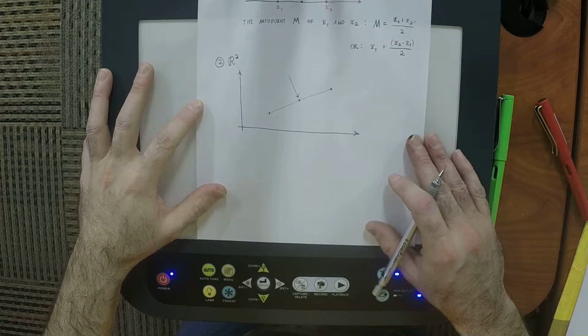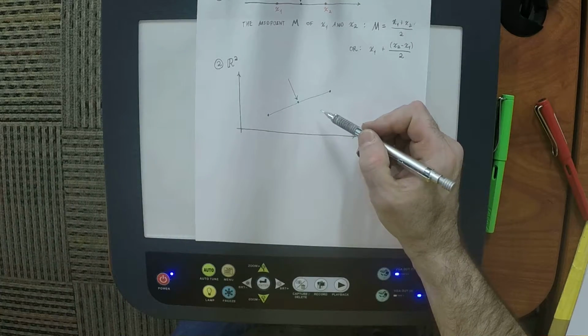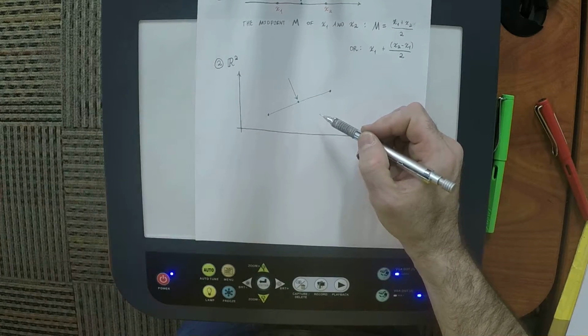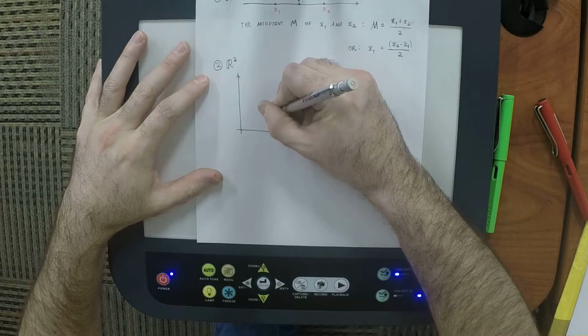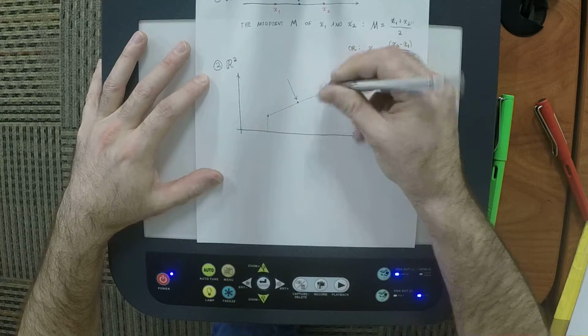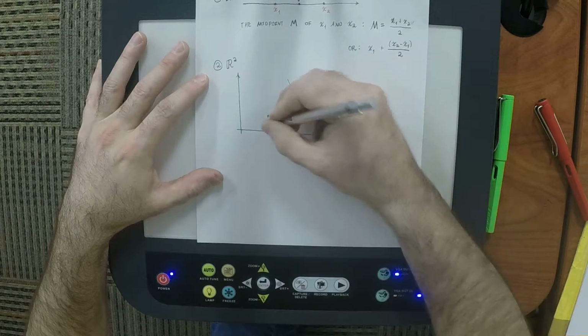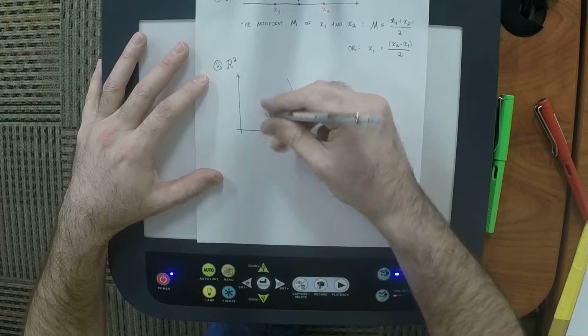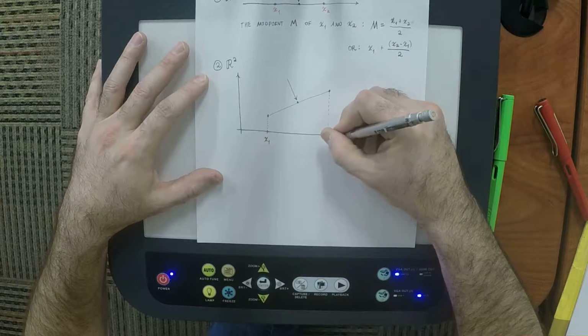The way that we'll work the problem is to solve this two-dimensional problem, we're going to solve 2 one-dimensional problems in the same way as before. So we drop these points down to the first axis. And now that we're on a one-dimensional axis, we can make measurements. Suppose that we measure this to be x1 and x2.